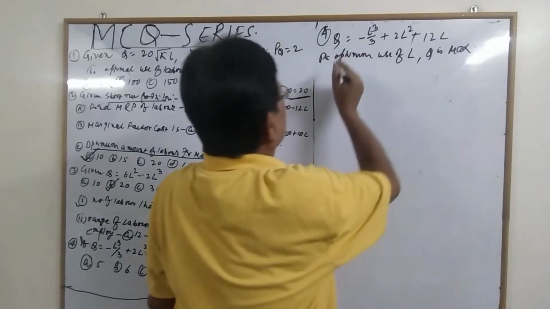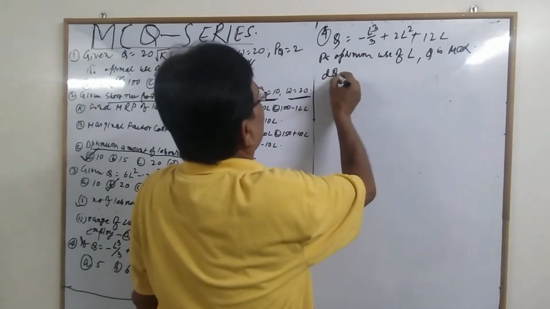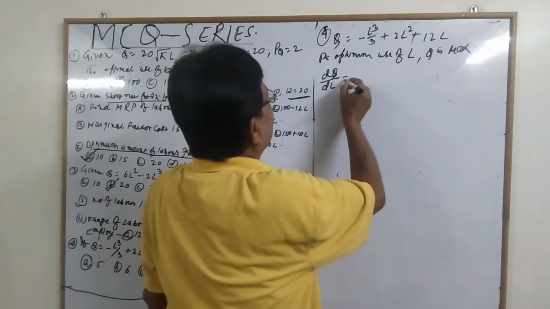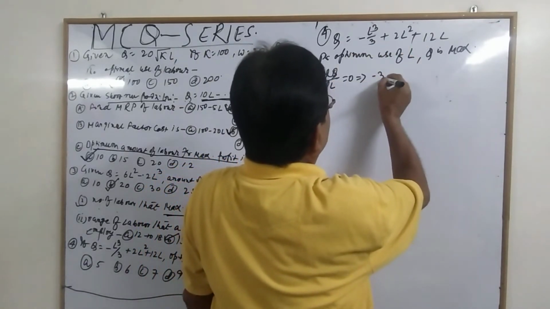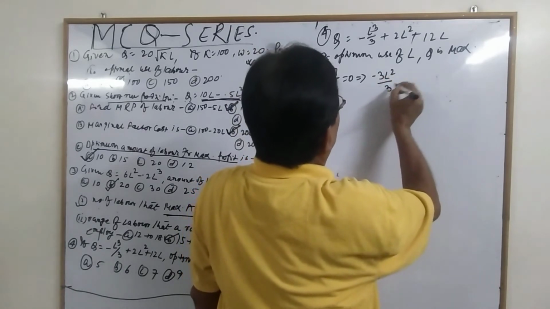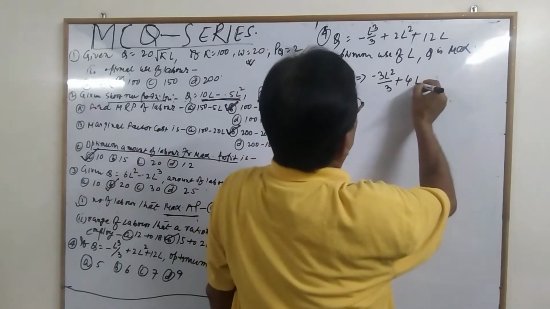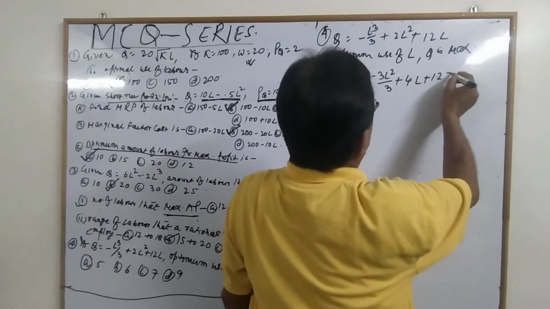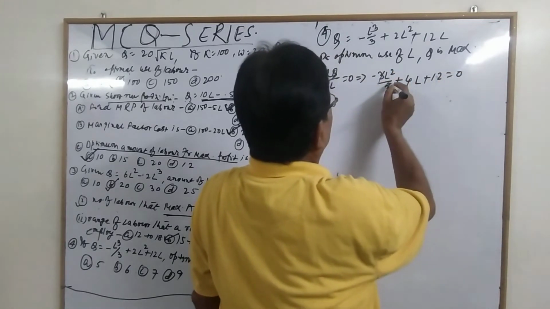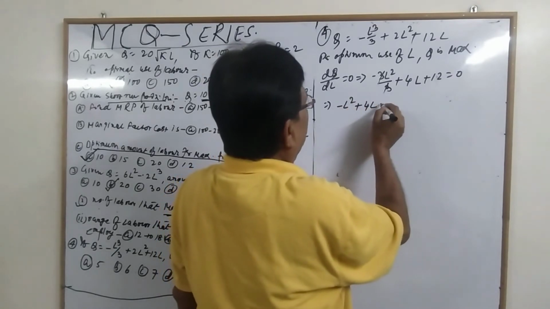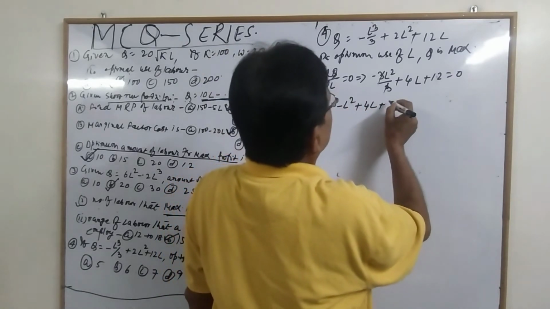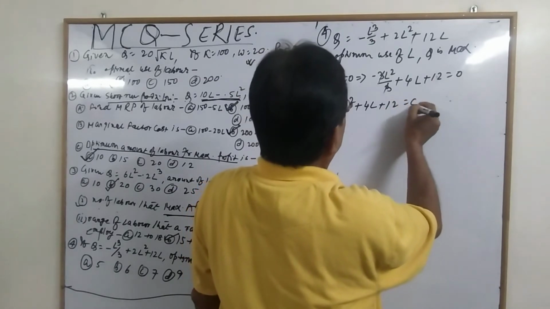Now to maximize Q, dQ by dL is 0. Differentiation with respect to L, so minus 3L square by 3 plus 4L plus 12 equals 0. Now we have minus L square plus 4L plus 12 equals 0.